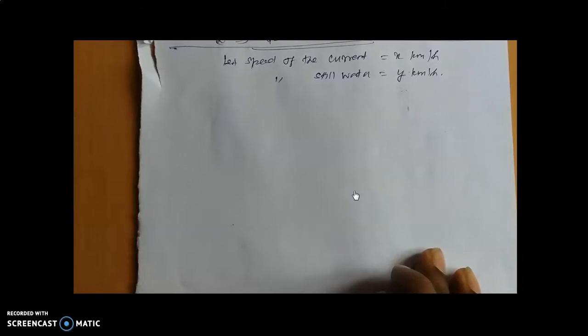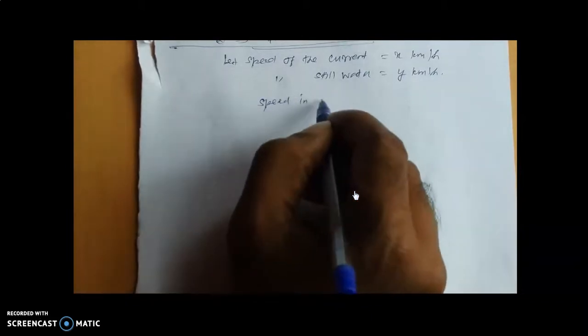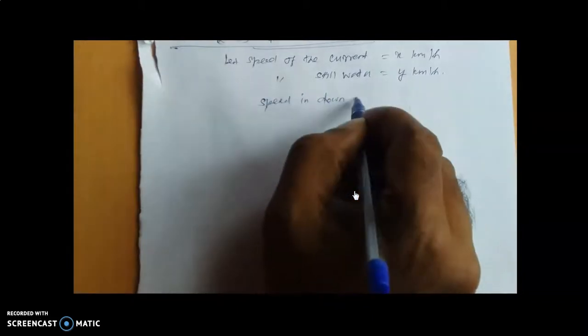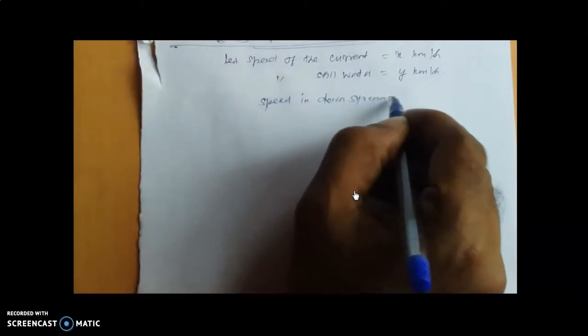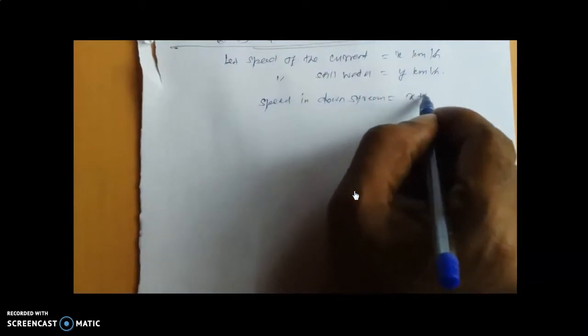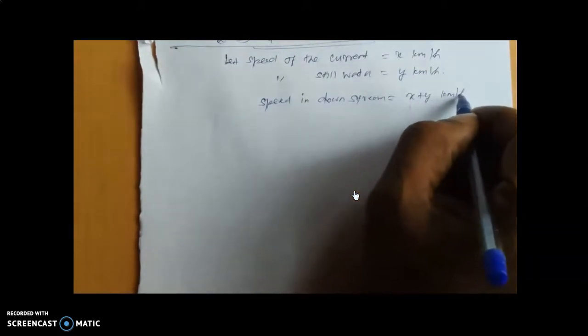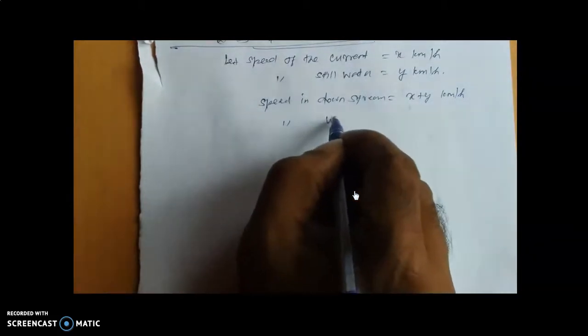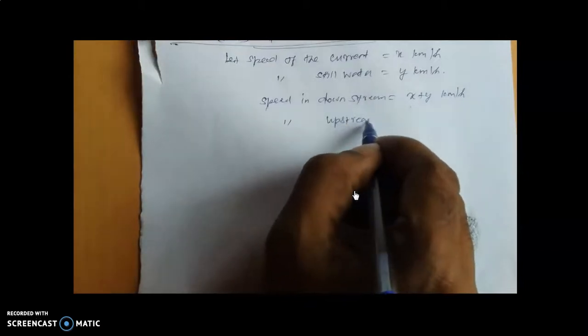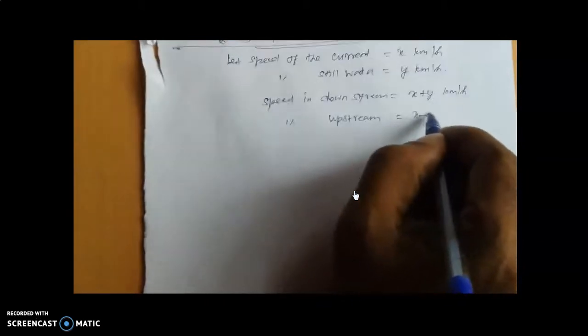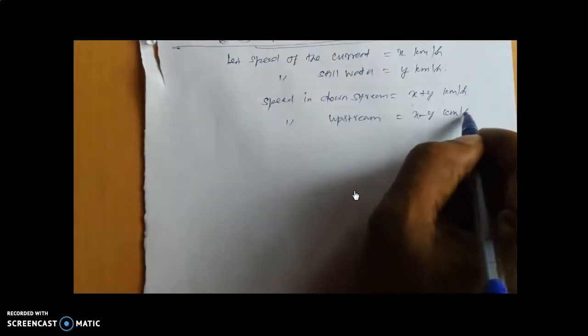So downstream means how can we take? Speed in downstream equal to x plus y kilometer per hour. Similarly, speed in upstream equal to x minus y kilometer per hour.